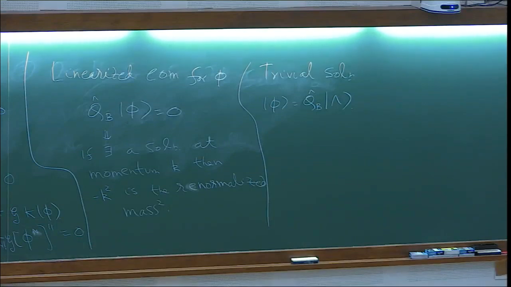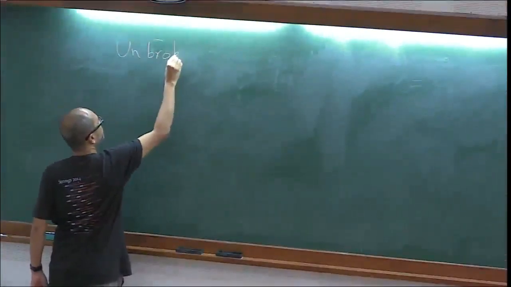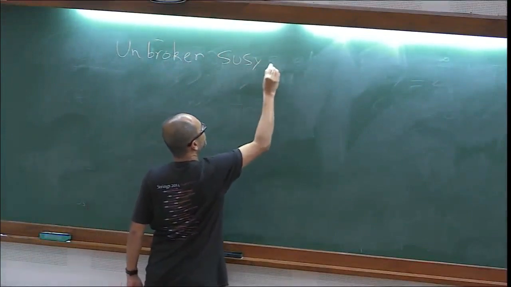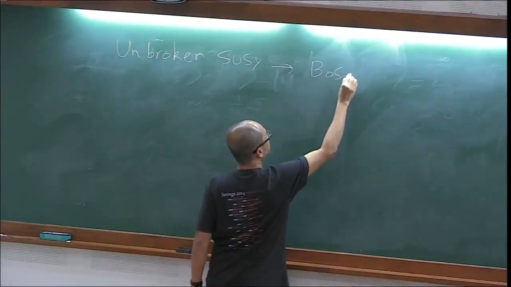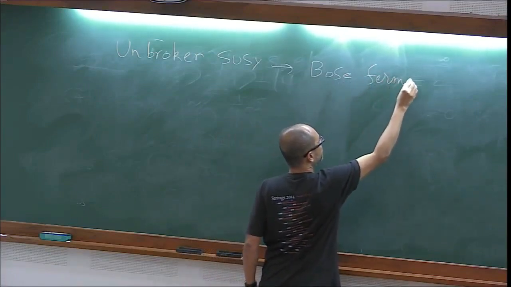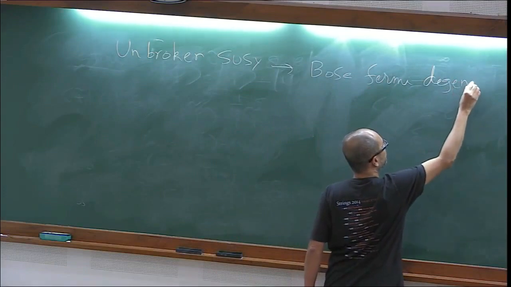Okay, before I describe perturbation theory, let me give a simple example, which is to see how in this formalism we can show that unbroken supersymmetry implies Bose-Fermi degeneracy.